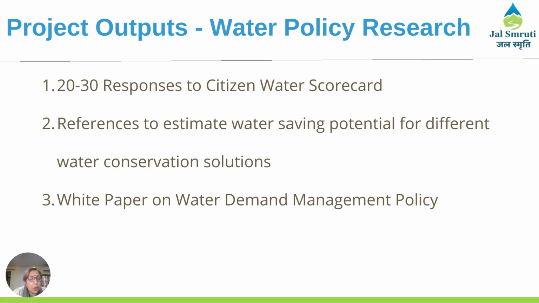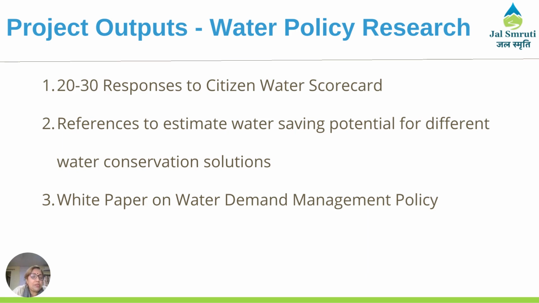And it also tells them exactly what actions they can take to make their efficiency better, meaning how much more freshwater they can save by making some changes in the form of some low cost hardware or no cost behavior change. That is what they get in return for the survey they take, which is called the Citizen Water Scorecard.